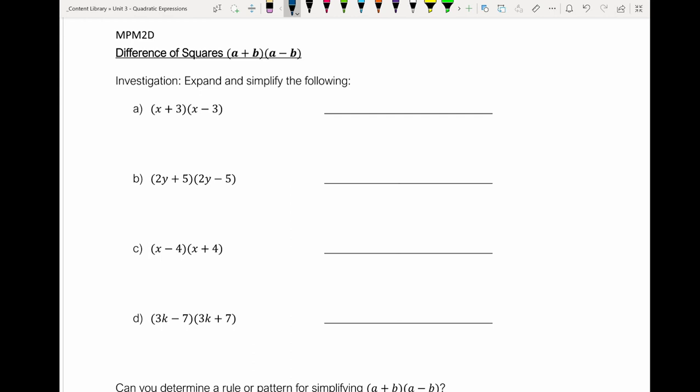Again, you can expand using the FOIL method, because we are familiar with that, and that does work regardless of whether we recognize the pattern or not. When we expand that, we should get x squared minus 9. In the next one, we should have 4y squared minus 25.